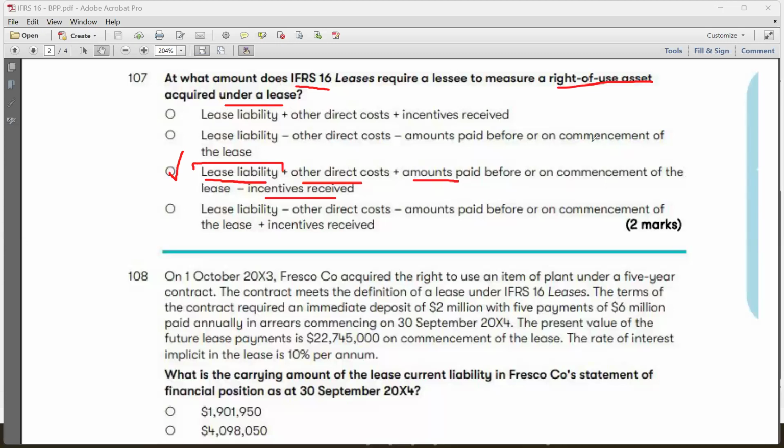But when it comes to the calculation of right of use asset, we add the other direct cost, we add any amounts that we have paid before or on commencement, and we deduct any incentive. So this is the right answer. If you look at the last option, this does not have the direct cost, it deducts it, which is not correct. So this is a very good one to understand which items are included in right of use asset. So concluding this one, we move on to the next one.